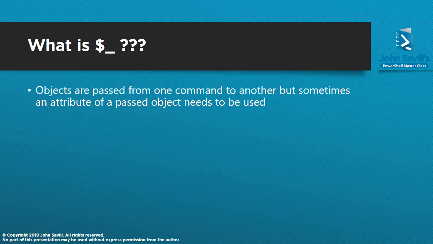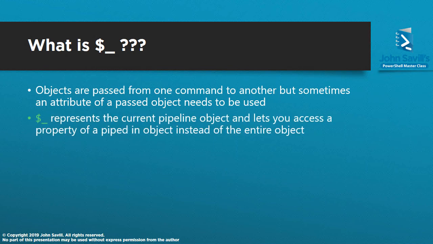So if I was sent 100 objects, $_ represents each of those 100 one at a time. So I can evaluate, do various functions, comparisons, operations on it. It gives me the ability to examine those objects. So $_ represents the current pipeline object, and I can then access various attributes through that. And you've seen me do that.